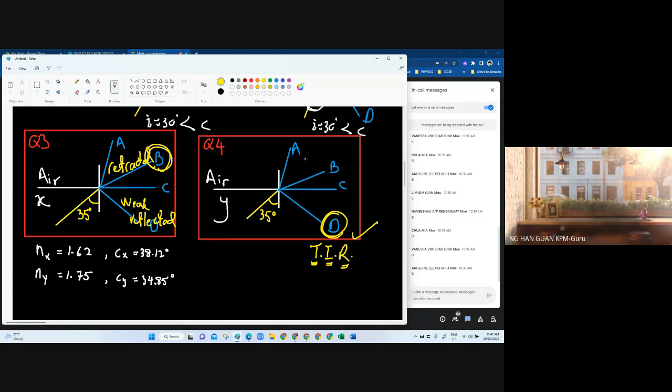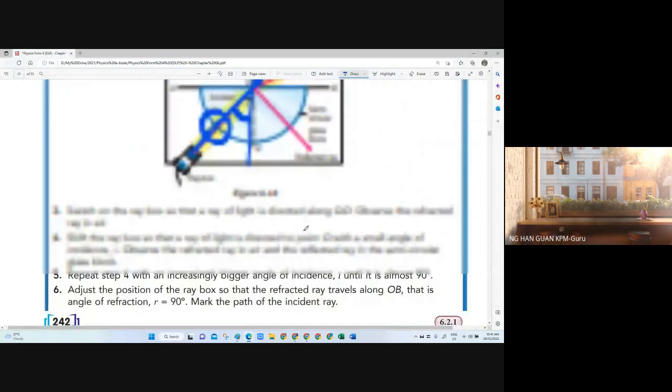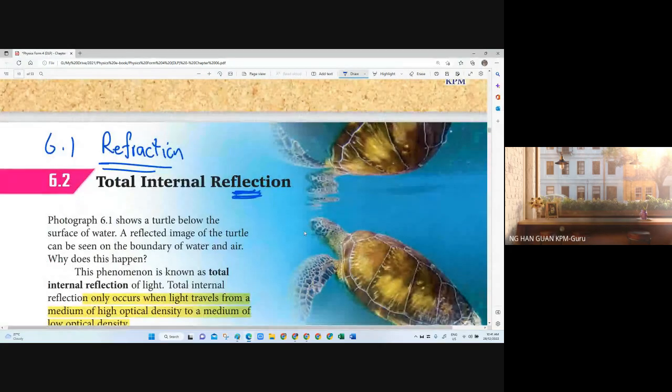Means there is no diffracted ray anymore. 100% in, 100% back, just like acting like a mirror. The borderline acts like a mirror, just like the picture the textbook gives at the beginning, where the surface of the water acts like a mirror to reflect the image.